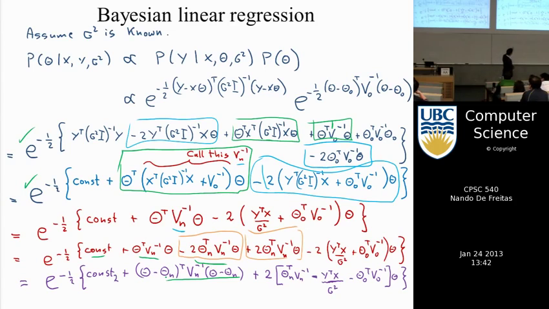So that would give me a posterior distribution because it's a distribution of a theta, which has a mean and a variance. This is a constant, which doesn't matter what it is because I'm working up to proportionality. And so the only thing is there is this nagging term here. That's a bad term. So I want to get rid of that term. Because if I get rid of that term, then I end up, I'm going to rewrite this in a slightly different way.